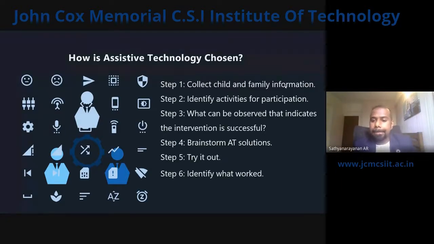Then they try it out on the actual person, or group of people, where the data is being collected, and identify what worked. Whether it's working, then they go and modify it and make a final product out of it. So that is how AT is chosen as well.